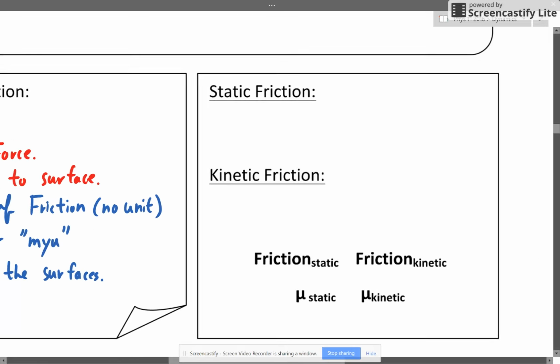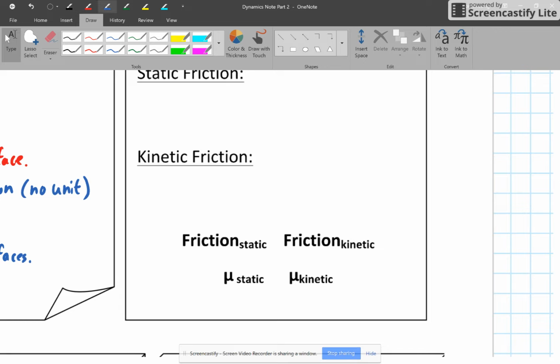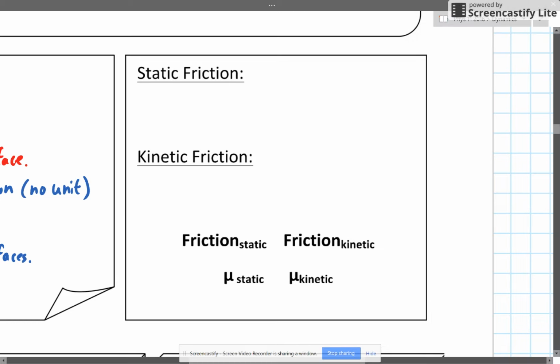All right, now moving on. We are going to distinguish between two different types of friction. Friction can be either static or kinetic.